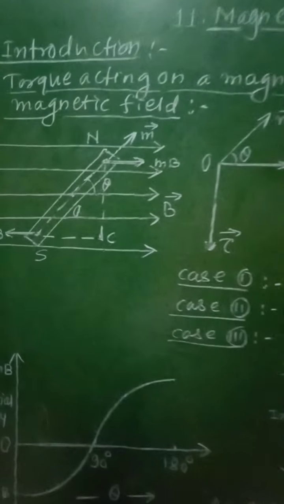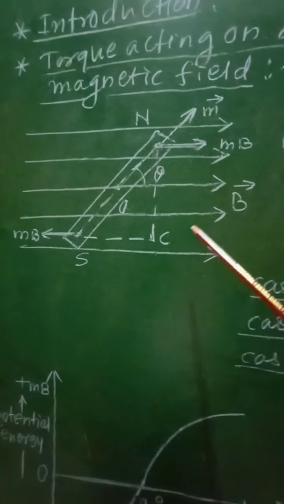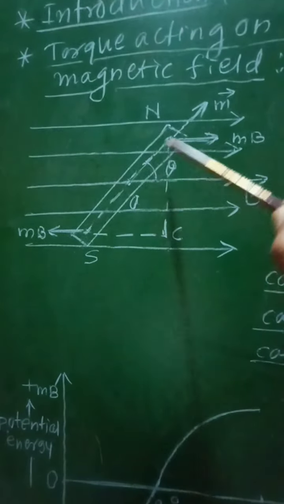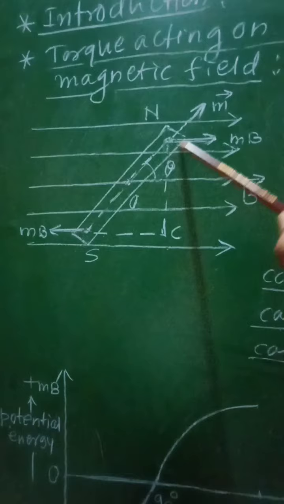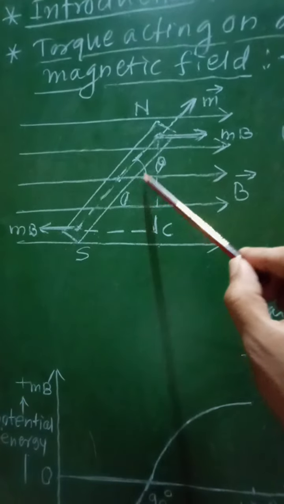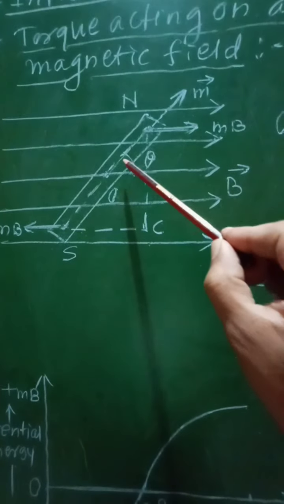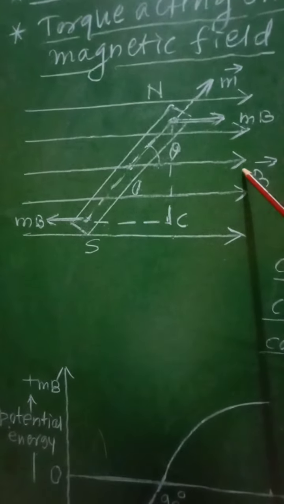So now let us see here. These horizontal arrows will represent the uniform magnetic field. In that uniform magnetic field, a magnetic dipole consisting of two poles S and N is kept such that the axis of the magnetic dipole will make some angle theta with the direction of the magnetic field.